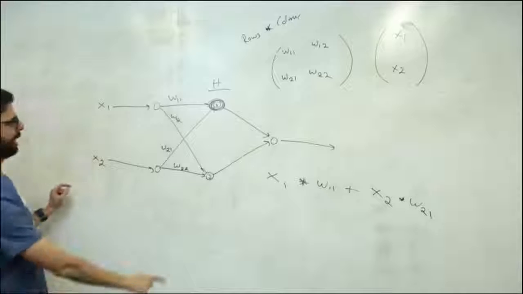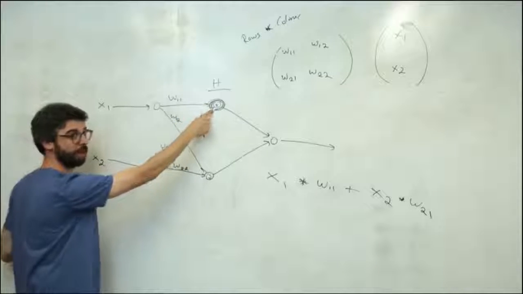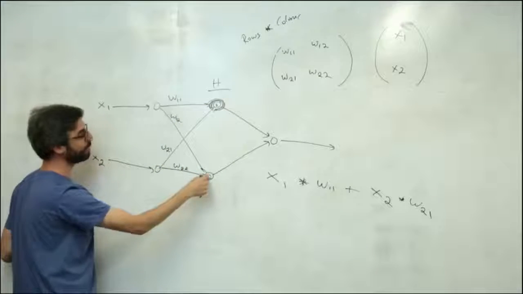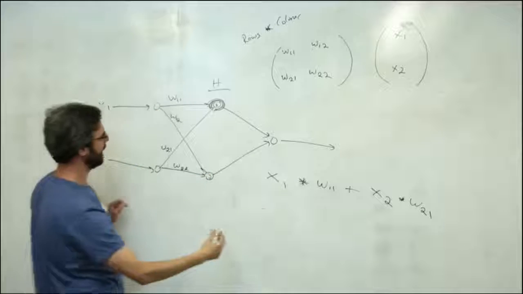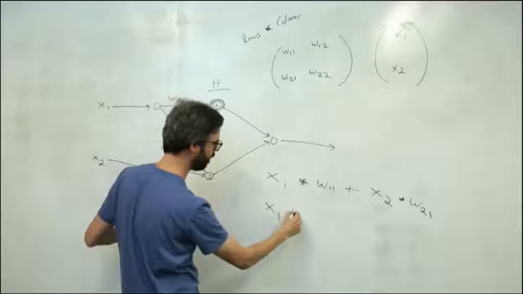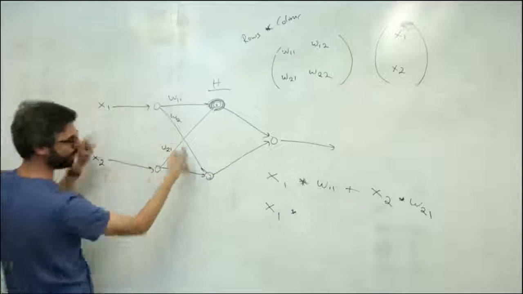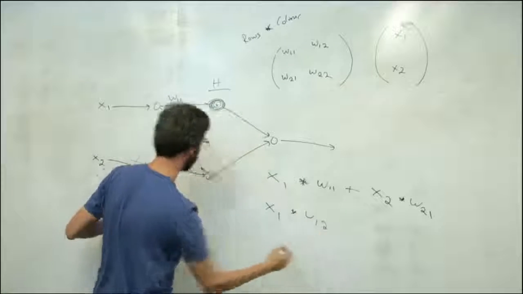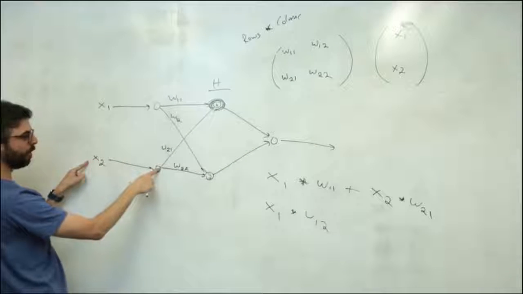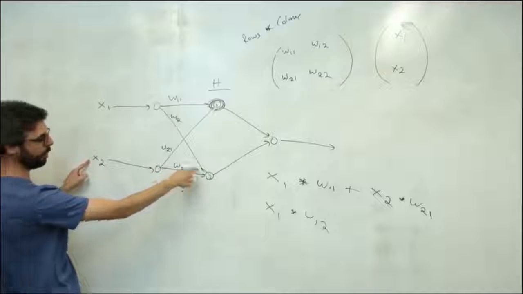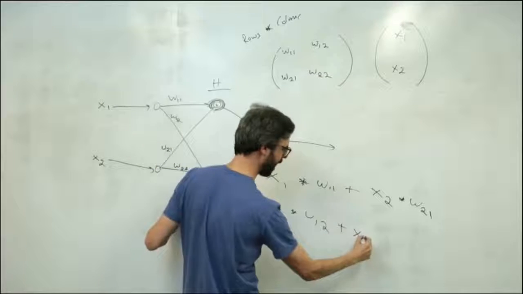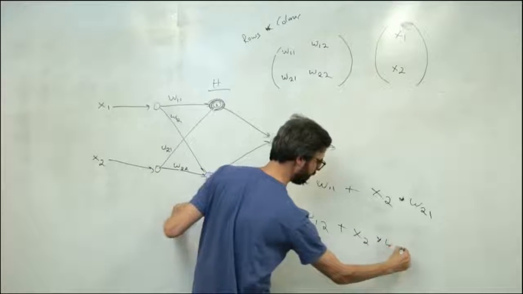Okay? That's the weighted sum for this neuron, or node. The weighted sum for this neuron, or node, is x1 times the weight from 1 to 2, plus x2 times the weight of 2 to 2.